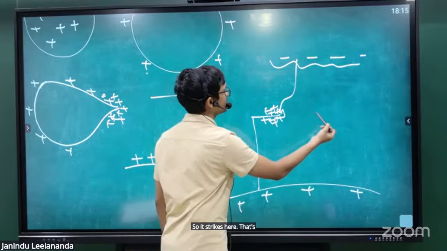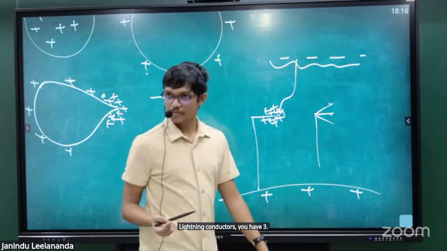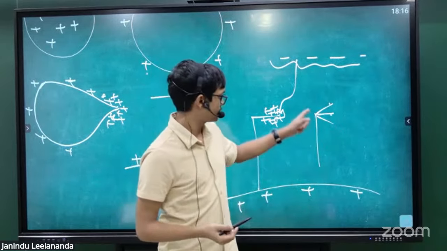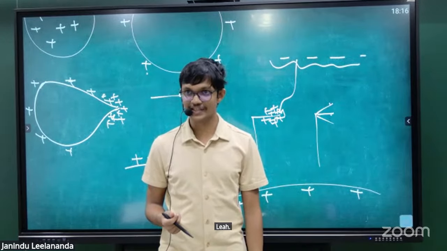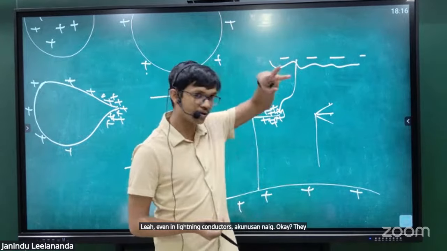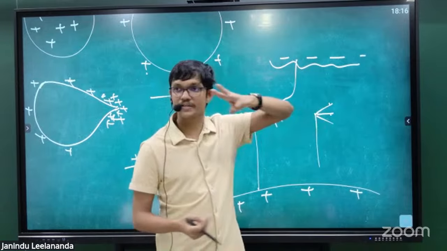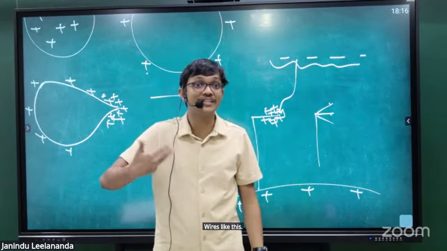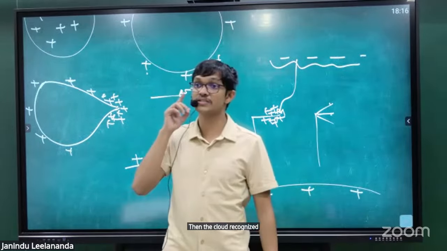That's why even in lightning conductors, you have 3 pointed wires like this, to have a higher charge density. Then the cloud recognizes this as the easiest path.